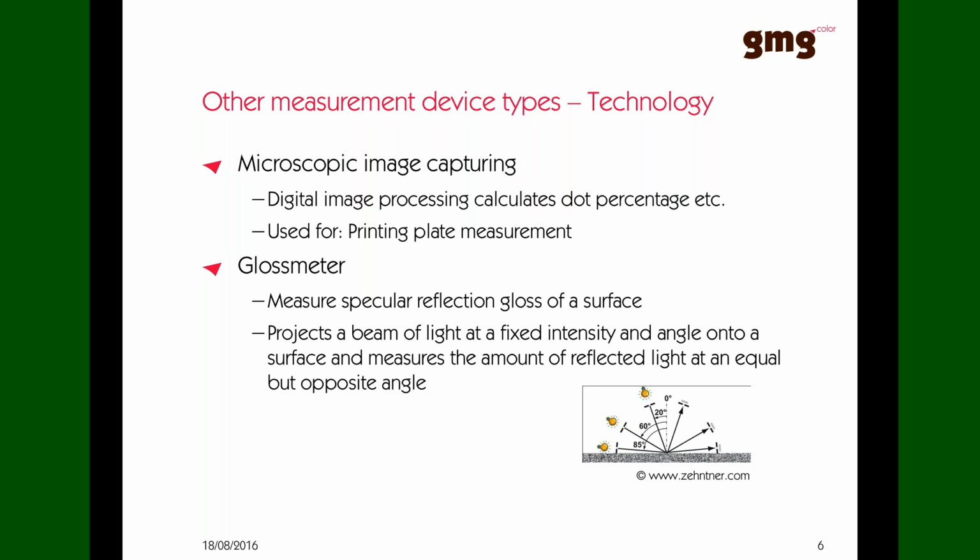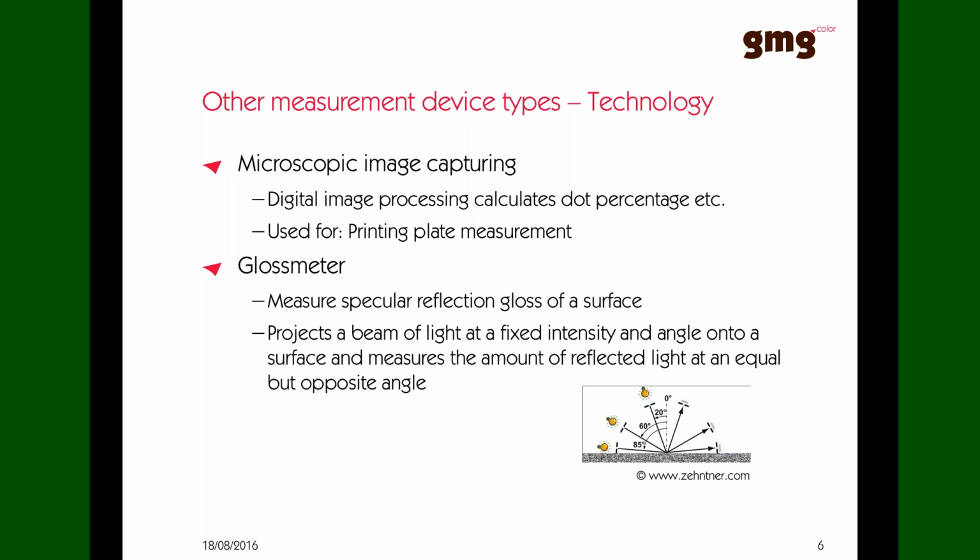So in doing so, you can really measure the reflection of your surface. So this is mainly used, for example, in the automobile industry, where you are measuring the reflection of high gloss material. So, for example, your varnish or stuff like that, or metallized substrates.